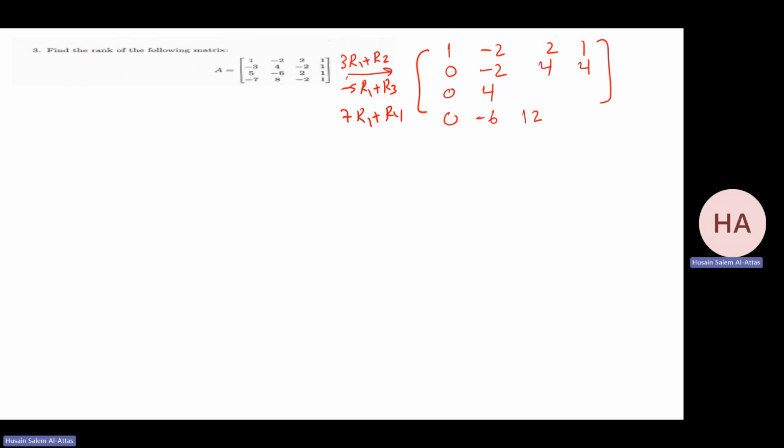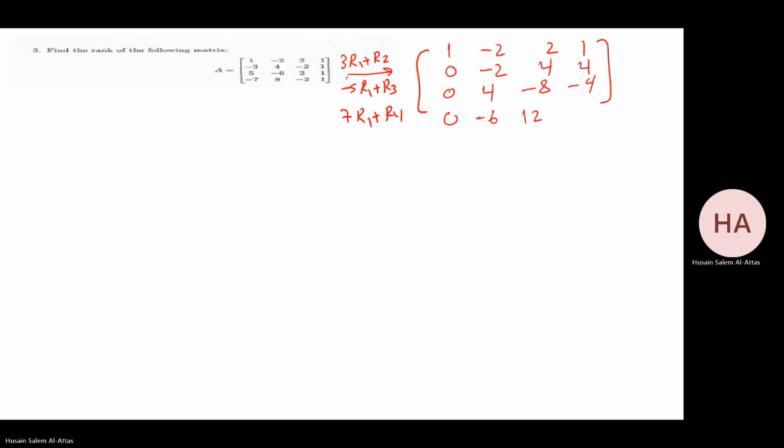Multiplying by minus 5. Minus 5 times 2, 10 minus 6, that is 4. Minus 5 times 2, that is minus 10 plus 2, that is minus 8. And then minus 5 plus 1, that gives me minus 4.